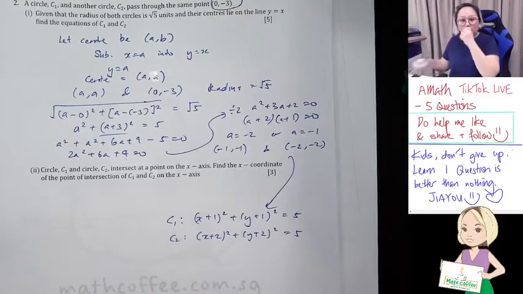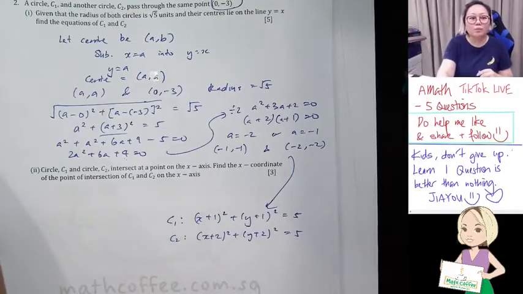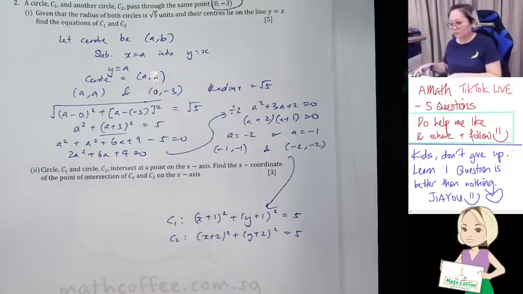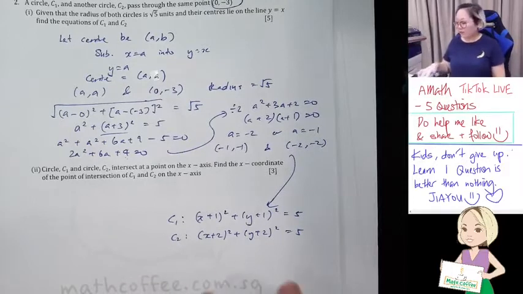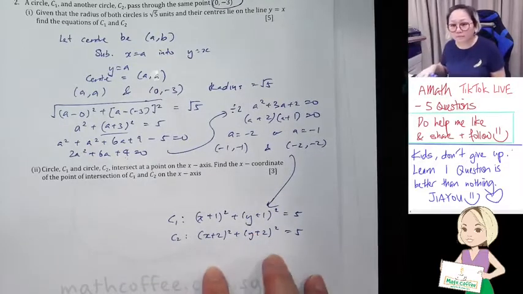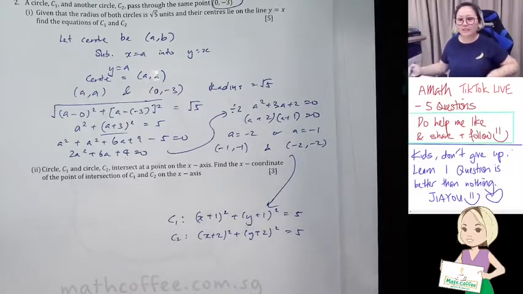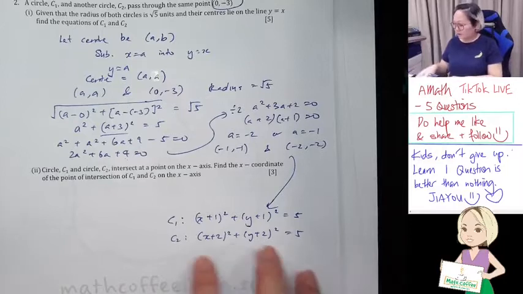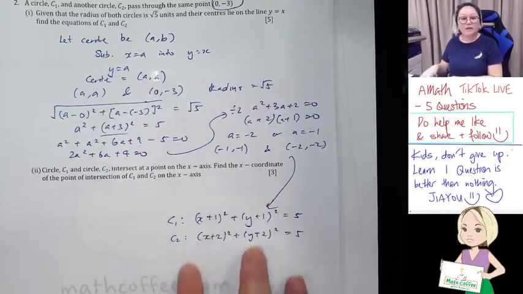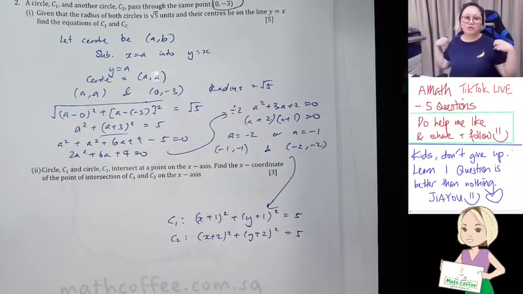So sometimes students ask me, do I need to put the expanded form? Do I have to put the expanded form? I think I answered one of the questions. If they ask for the general form, then yes, you need to expand.